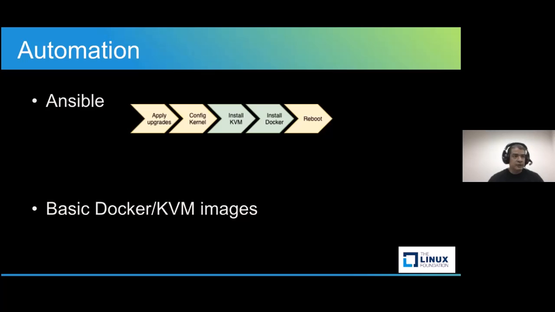And those little arrows that you're seeing there actually represent task files that are run by the Ansible playbook. I like to keep them separate because that allows me to use them for other tasks. In fact, the install Docker task I'm going to be using later on today for another project.